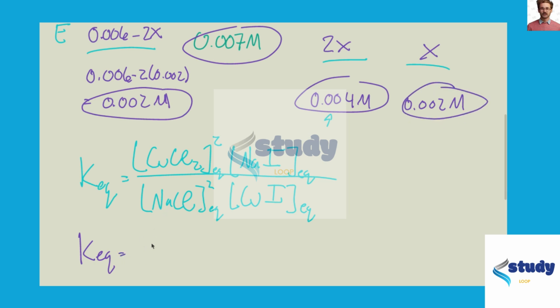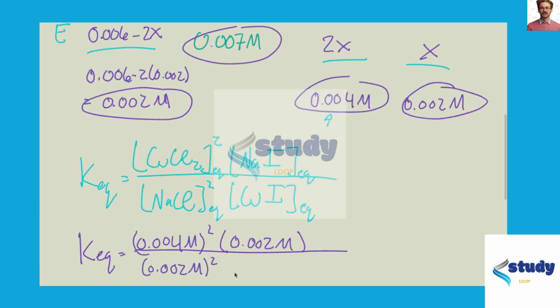So for copper chloride, it's 0.004 molar squared. For sodium iodide, it's 0.002 molar. For sodium chloride, it's 0.002 molar squared. And for copper iodide, it's 0.007 molar.